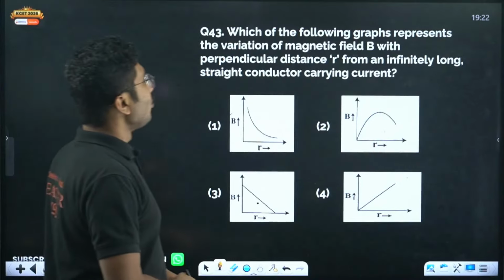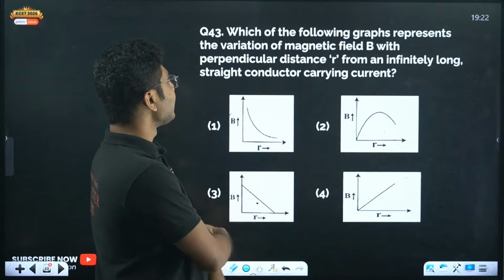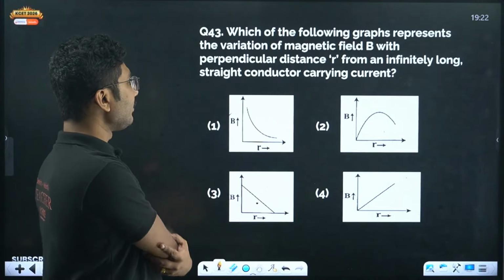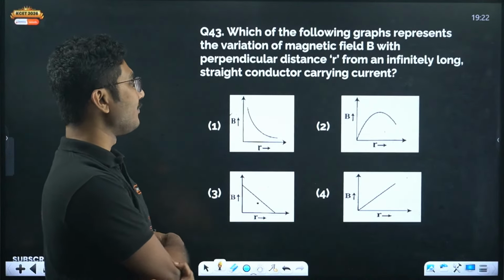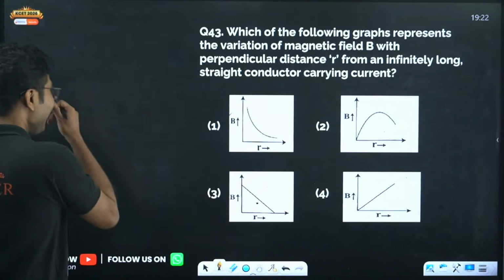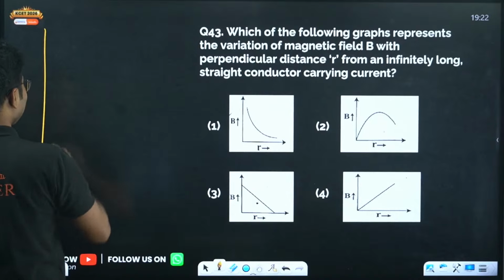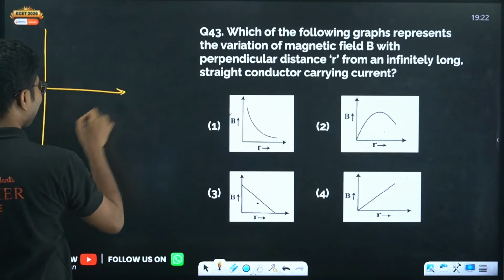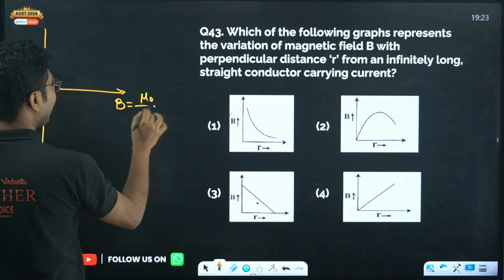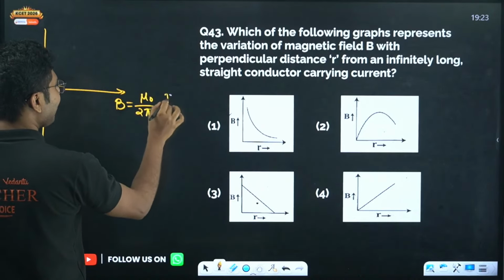Which of the following graphs represents the variation of magnetic field B with perpendicular distance r from an infinitely long straight conductor carrying current? Same pattern repeated twice in a year. For an infinite current carrying wire, magnetic field B is given by mu naught by 2 pi, I by r.